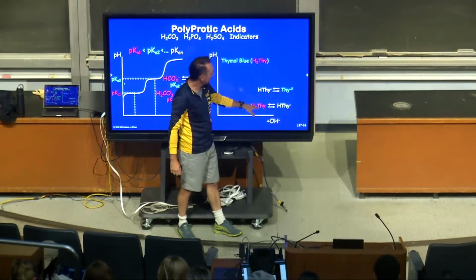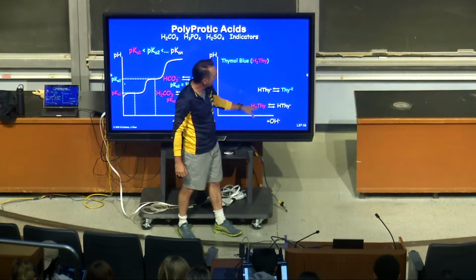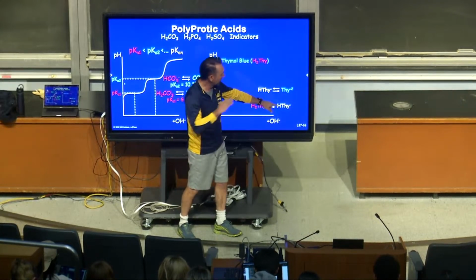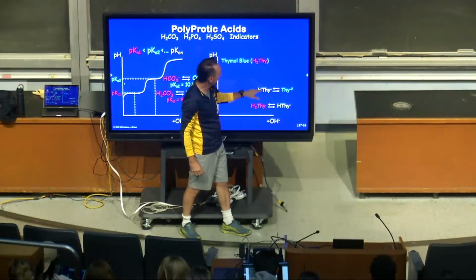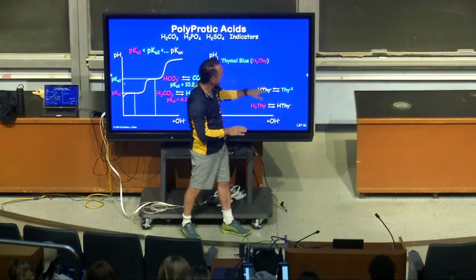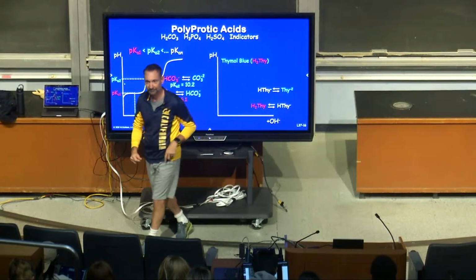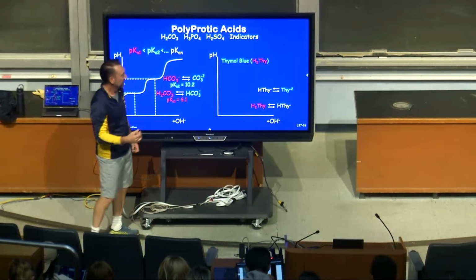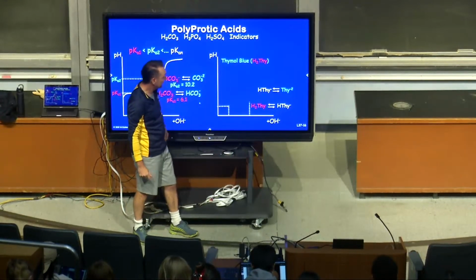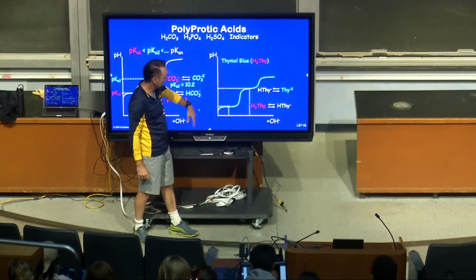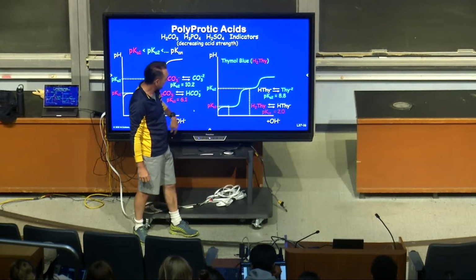One comes off. It's red when both protons are on. When you remove one proton by titration, it turns yellow. And when you remove that proton by titration, adding strong base, it turns blue. So now you know that these things happen at specific pHs. Animation's all off because I was just mucking with it, sorry.